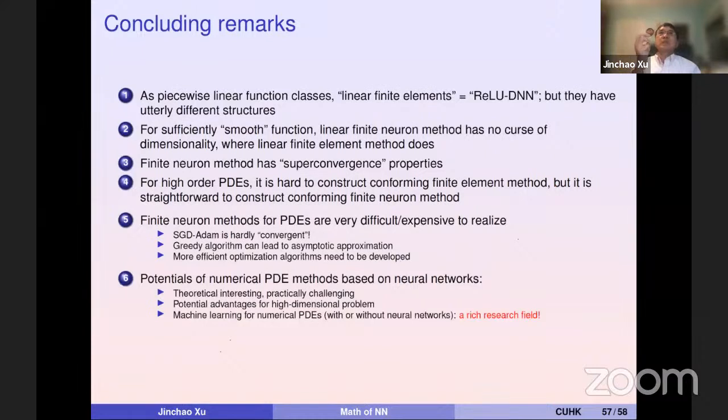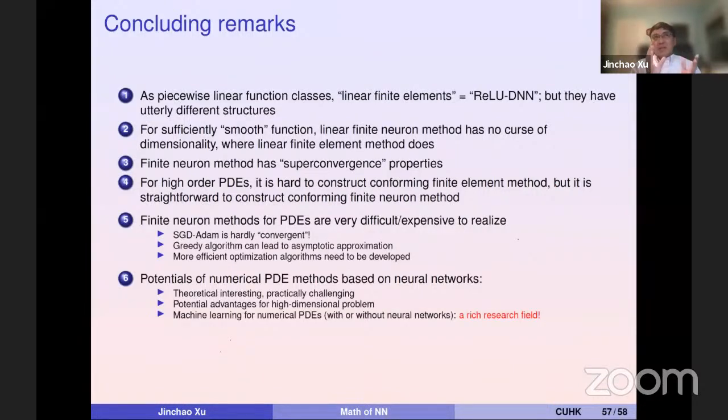Again, this is a very dynamic research field, and different people look at things from different angles. For some numerical analysts like me, I want to look at these things from a rigorous mathematical viewpoint, to see what you can prove, what you can analyze, what kind of algorithm you can do.